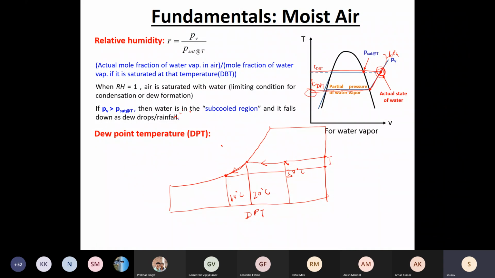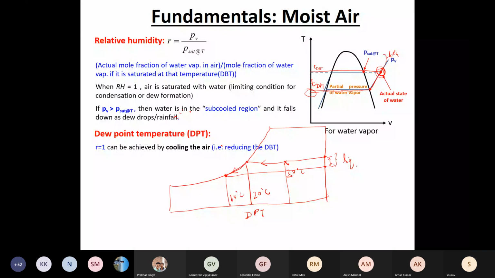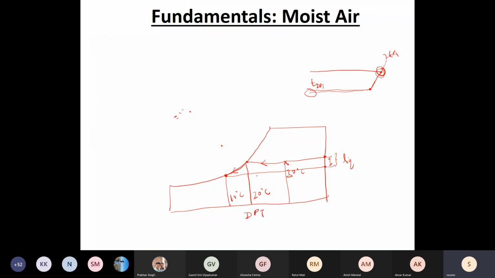This difference will give me the amount of liquid which has condensed. At dew point, it is just the starting of condensation. It is the limiting case. If you reduce the temperature further, this is what will happen: sensible cooling, and then you will have both sensible and latent cooling.